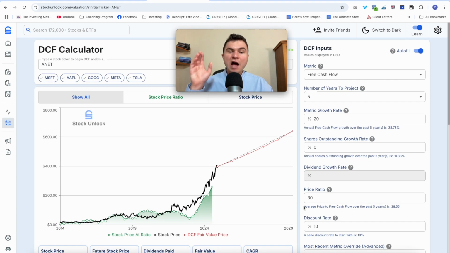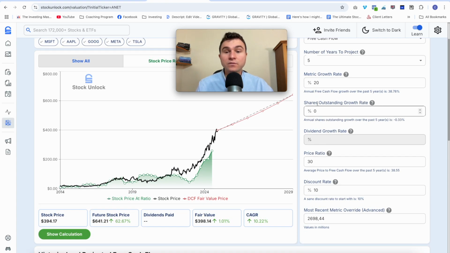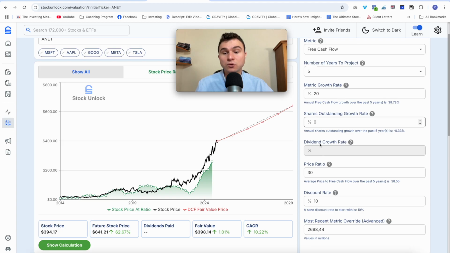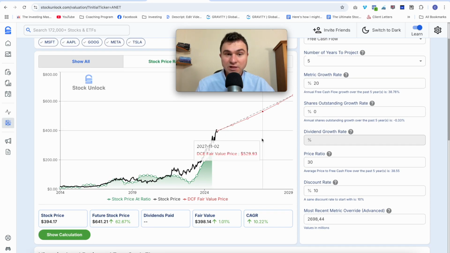So if I have these assumptions of free cash flow growth for the next 5 years of 20% per year, no dilutions, and at the end of these 5 years, the price to free cash flow will be 30, the DCF model on Stock Unlock gives me a fair value of the current price. It tells me that right now, the stock is fairly valued.